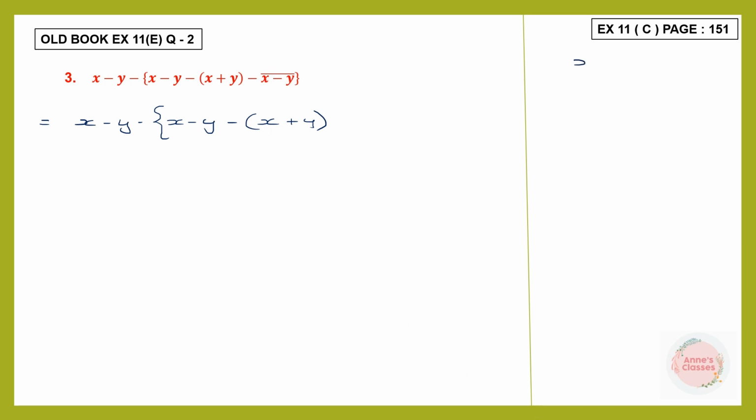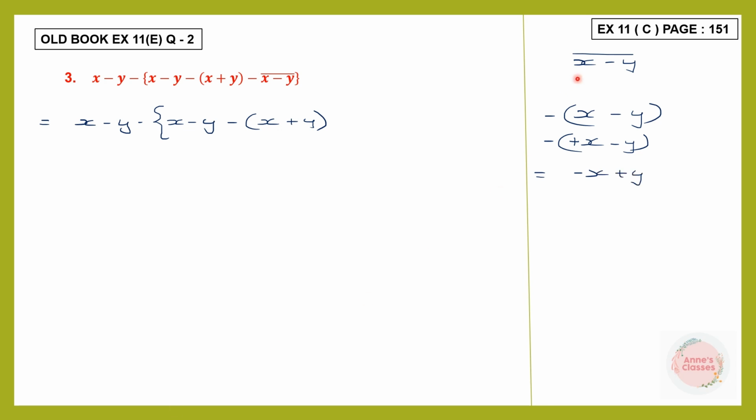Let me write it here. X minus y is under the bar bracket. Now this is exactly like in case you have common brackets and you have a minus sign before it, what will you do? You will change the signs, isn't it? So this will become plus x and this will become minus y as it is. Now if you have to remove the brackets, what will it become? Plus will become minus and minus will become plus.